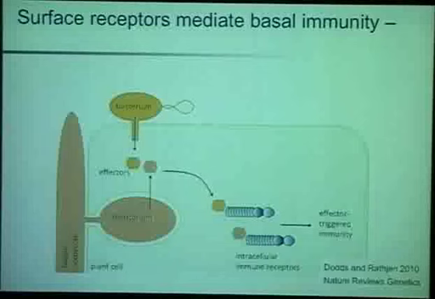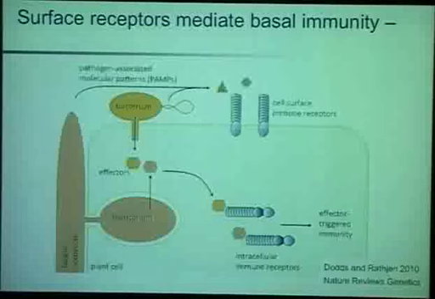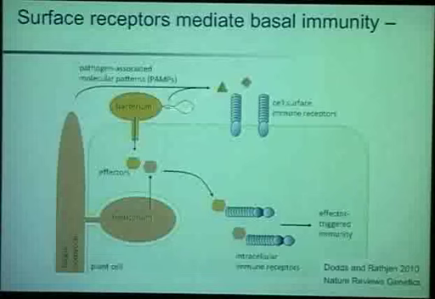But there's another layer of resistance, and this layer is mediated by surface receptors, usually receptor-like kinases or receptor-like proteins. And this can detect molecules that are in the apoplast. Sometimes these are known as pathogen-associated molecular patterns, or PAMPs.